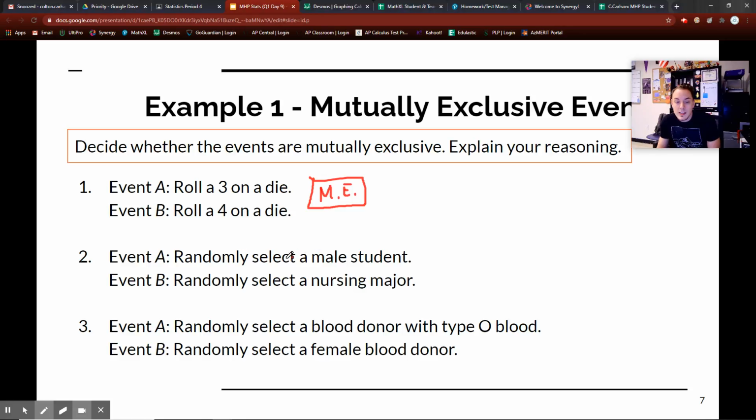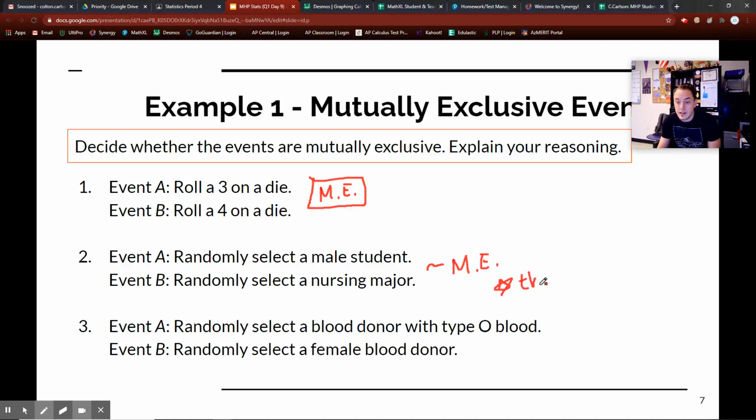Event A, randomly select a male student and then randomly select a nursing major. You can, though, be a nursing major and a male. You can be both of these things, right? So since you can be both of those things, it is not, and I'm using my little squiggly, not mutually exclusive events. Meaning there is an overlap.